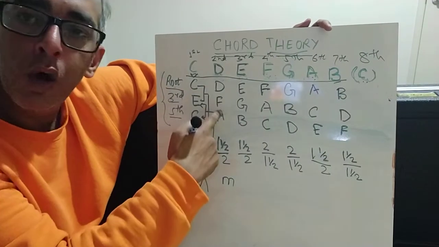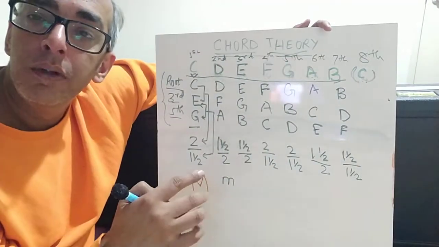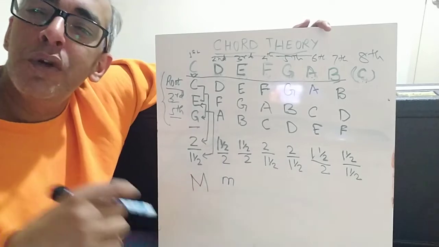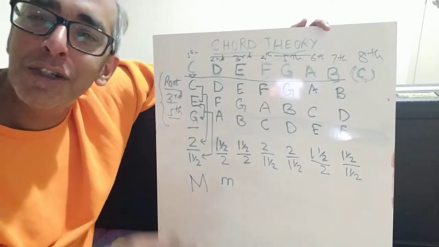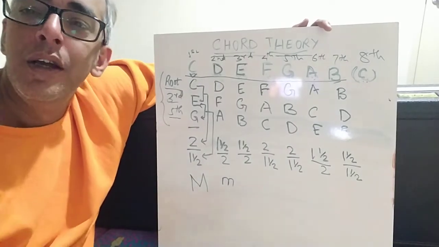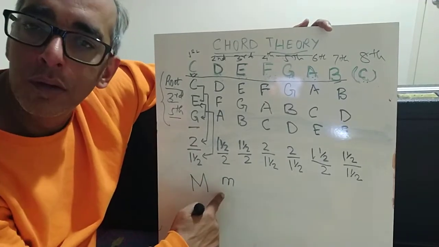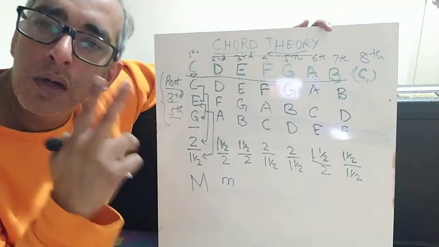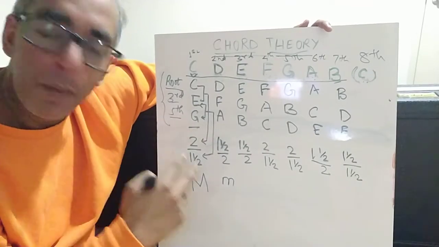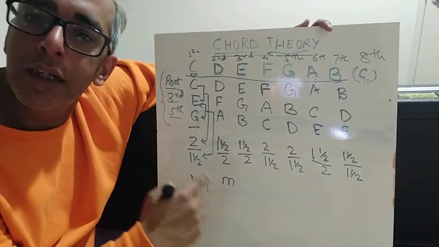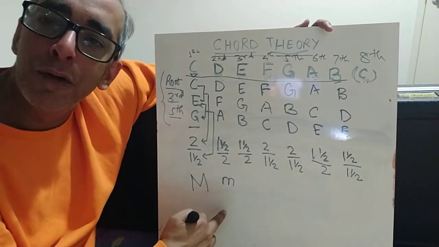So my second chord in any major scale, whether you are in the key of C, D, E, F, G, F flat, A sharp, whatever, will be a minor chord. The second note of that scale will be played in the minor form. The second chord has to be played in the minor form.